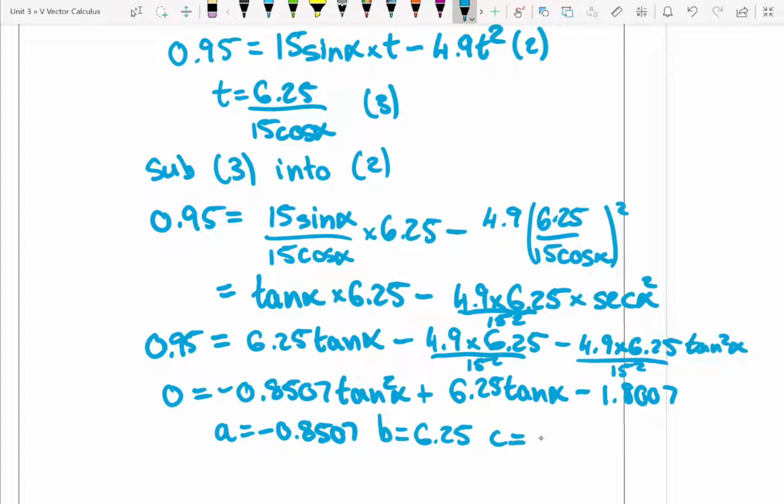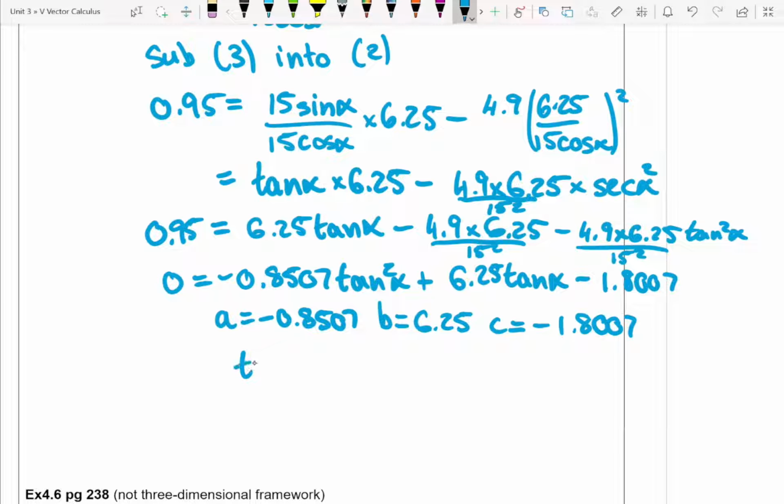And our C term is negative 1.8007. So that means tan alpha is going to be equal to either 7.0465 or 0.3004. So that's just applying the quadratic formula with a value of A, B, and C as such.